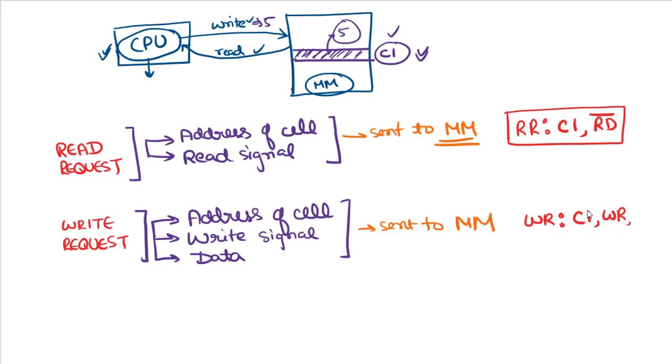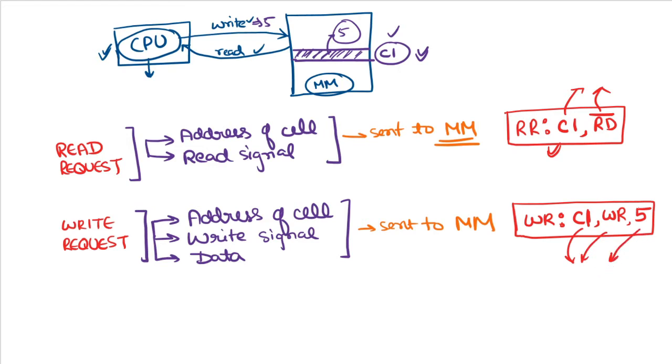C1 is the address, write is the write signal, and 5 is the data which you want to write. So a read request is sending two things to main memory: the address of the cell and the read signal. A write request is sending the address of the cell, the write signal, and the data that is to be written.